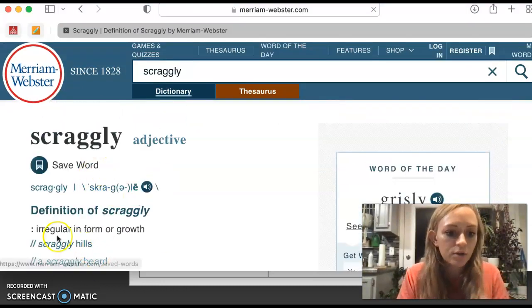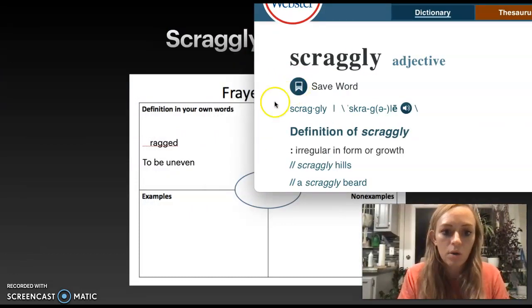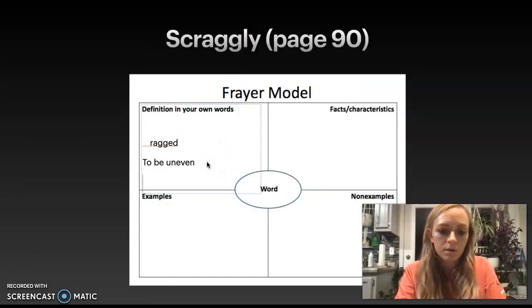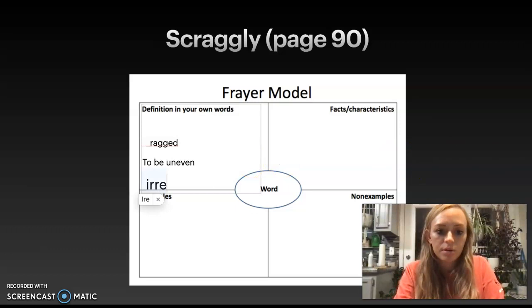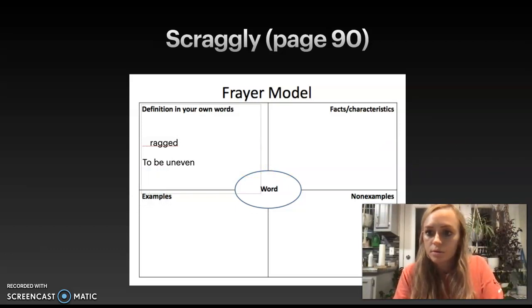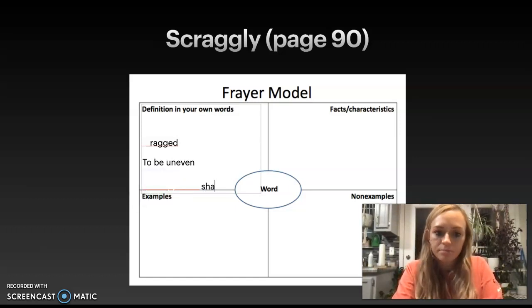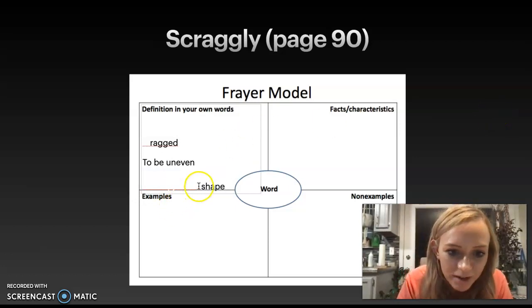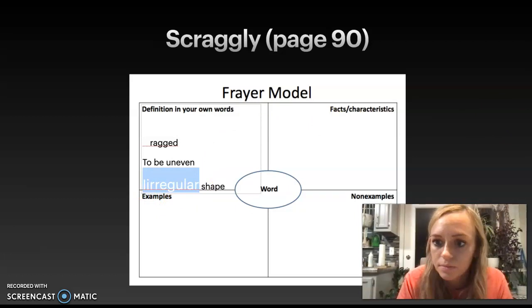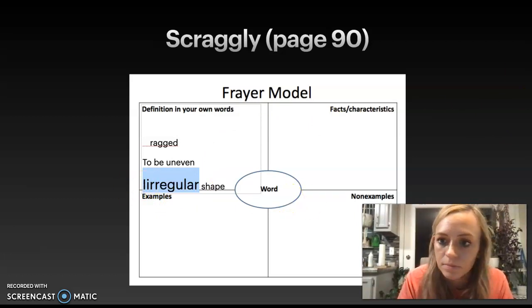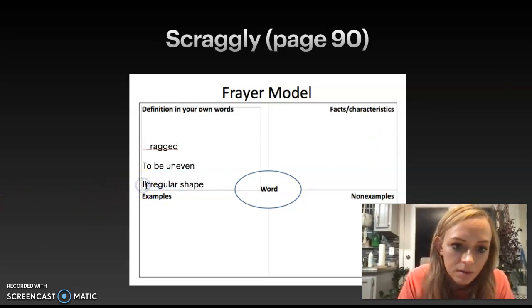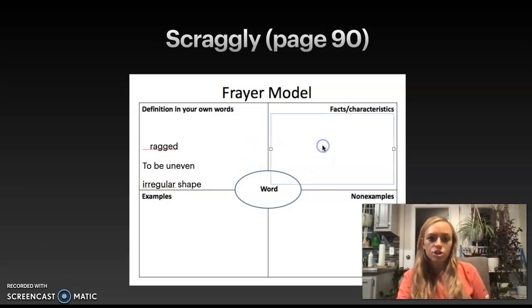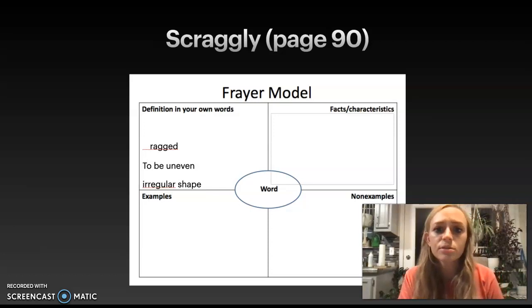Okay, so irregular in form or growth. So we can put irregular shape. Okay? So some facts or characteristics about the word.